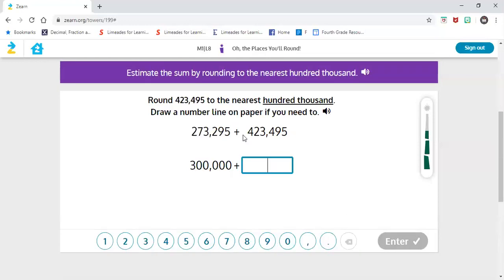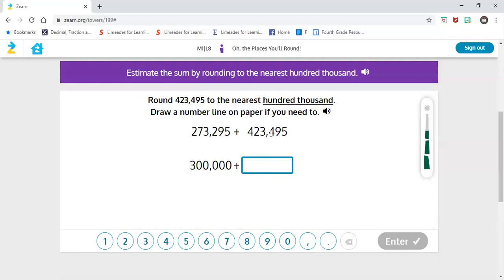Now I'm going to round my other number. So this one has a 4 in my 100,000th place. Now what two options does this 4 have? Yes, it can stay the same, stay at 400,000. Or it can go up 1 to 500,000. Now, this time I'm going to look at the number behind the 100,000 place that I'm working with.